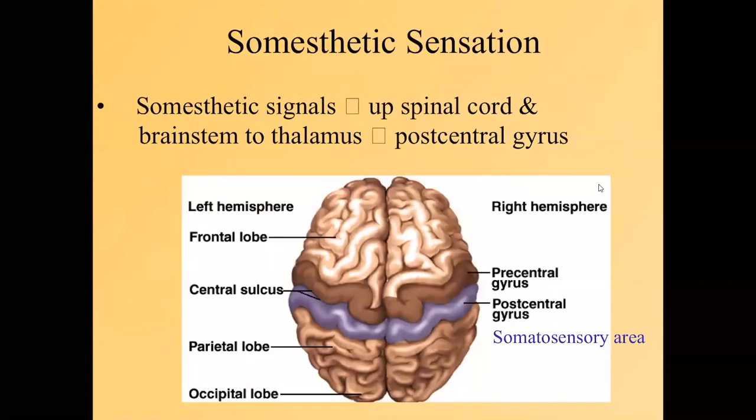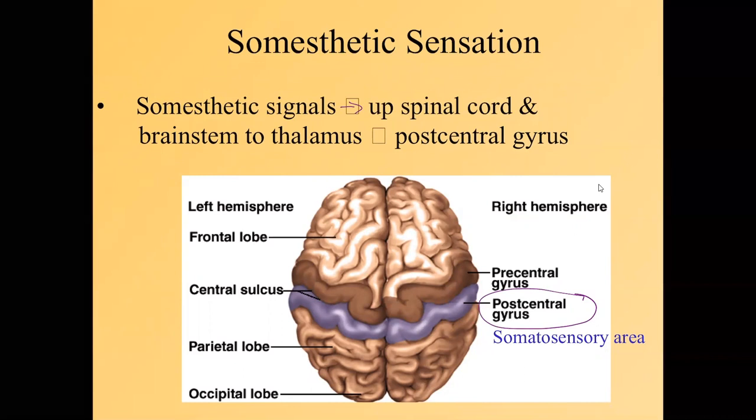Okay, so somaesthetic signals are going to go up your spinal cord into your brainstem and then to your thalamus. And then your thalamus is going to send them to your post-central gyrus. So that's the somatosensory area.